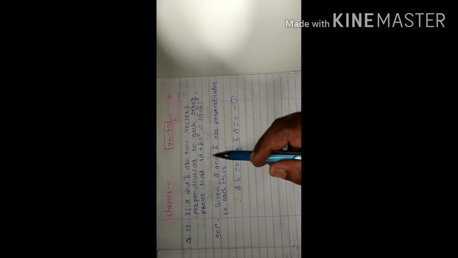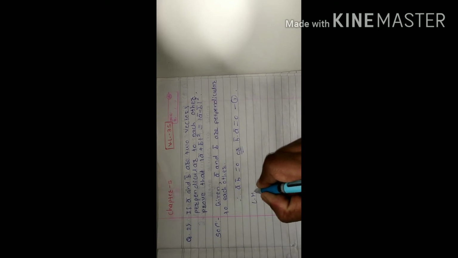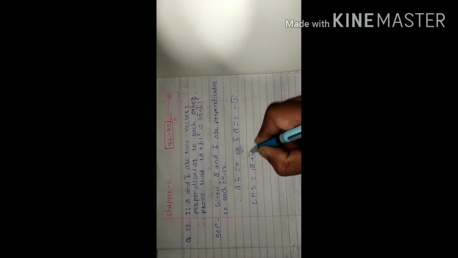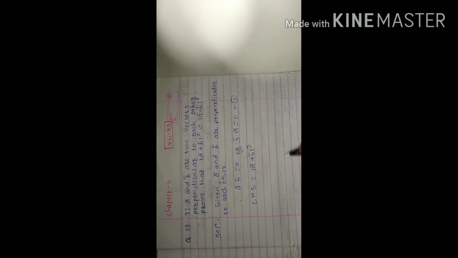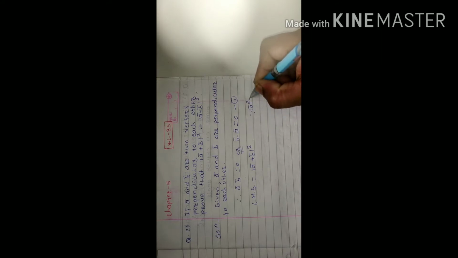Now we take the left hand side, that is LHS is equal to modulus of a bar plus b bar square. We have already studied the property that modulus of a bar square is equal to a bar dot a bar, or that is equal to a square.